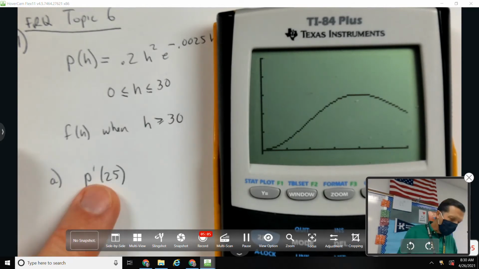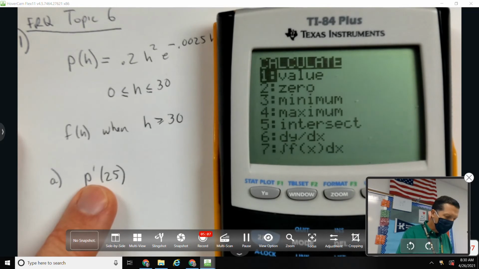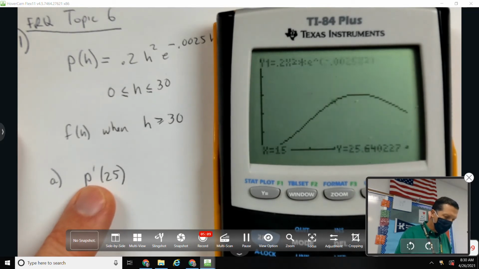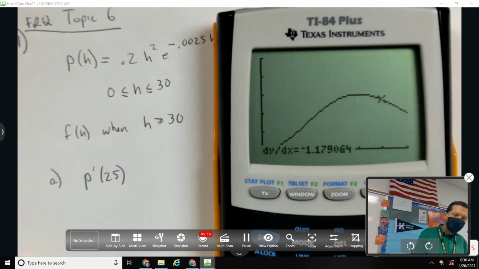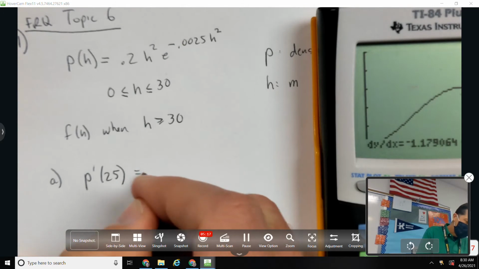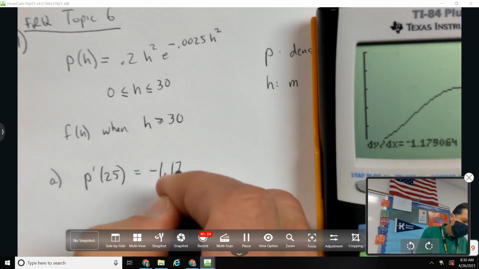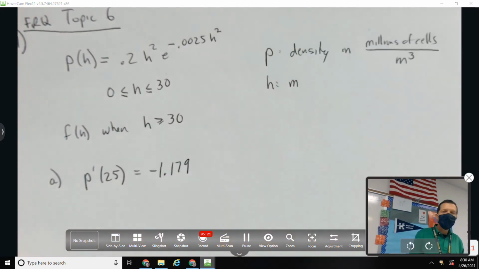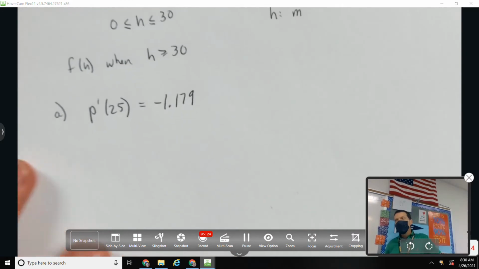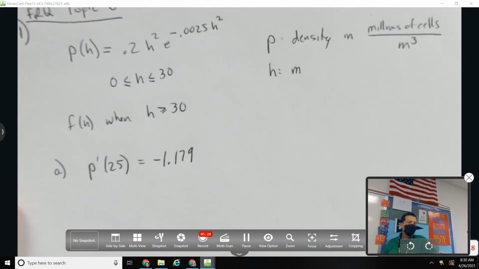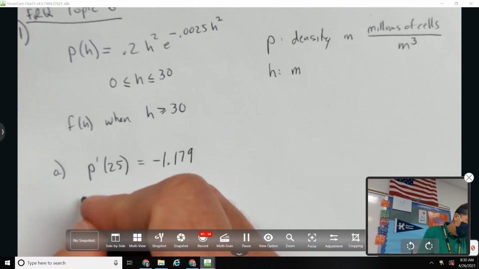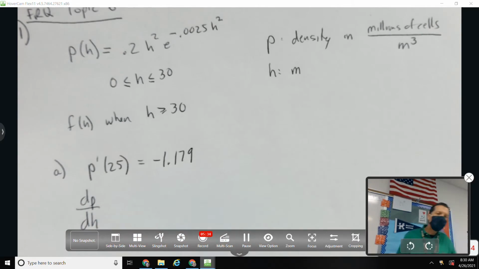All right, P prime at 25. So second calc, derivative at 25. So my answer is negative 1.179. Now, if I could put units on that, that would really help me explain what in the world that means. P prime would be dP/dH.